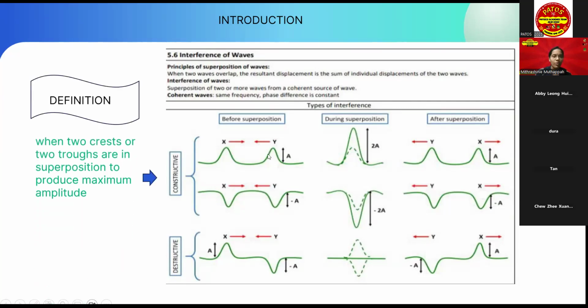So, our first definition will be constructive interference. But before that, what is exactly interference of wave? Superposition of two or more waves from a coherent source of wave. This is the definition of interference of wave that you should remember so that you can write it in your exam when it's asked. Can someone tell me what is the keyword in this definition of interference of wave?